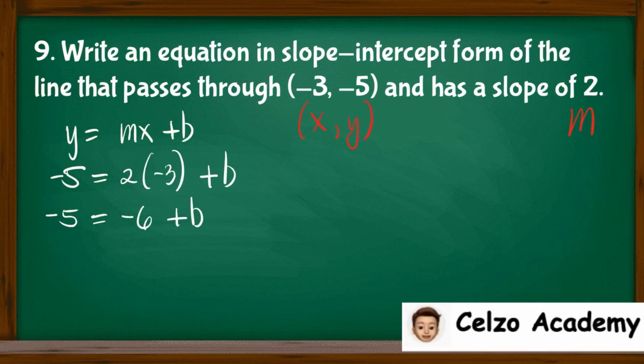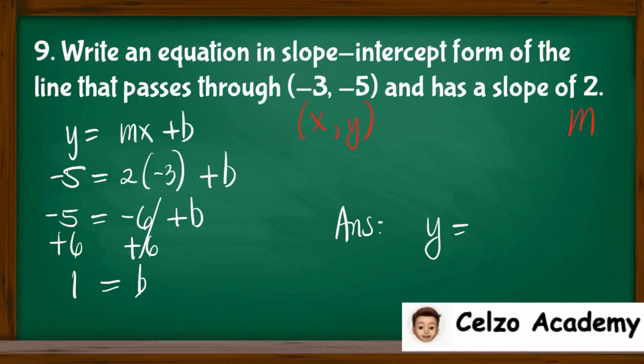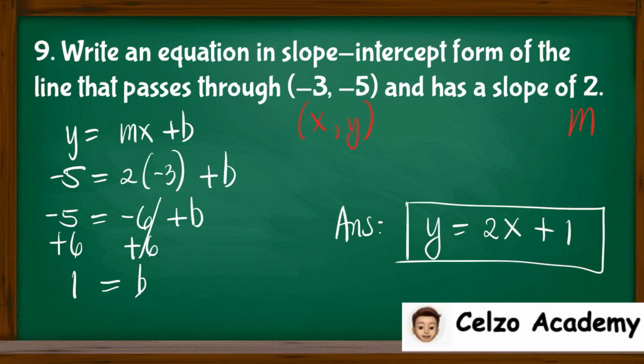Solving for b, we need to add 6 to both sides. So negative 5 plus 6 is 1. Negative 6 plus 6 is 0. So our b value is 1. So the equation of the line is y equals m is 2x plus b, which is 1. So y equals 2x plus 1.